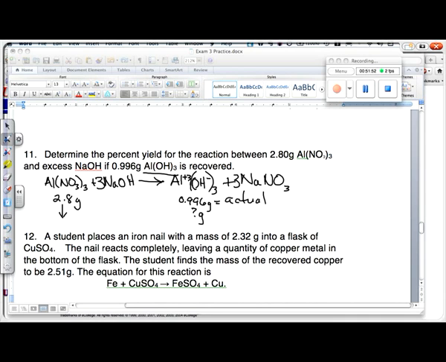All right, so molar masses, 26.98 for the aluminum, 3 nitrogens is 42, and 9 oxygens is 144.